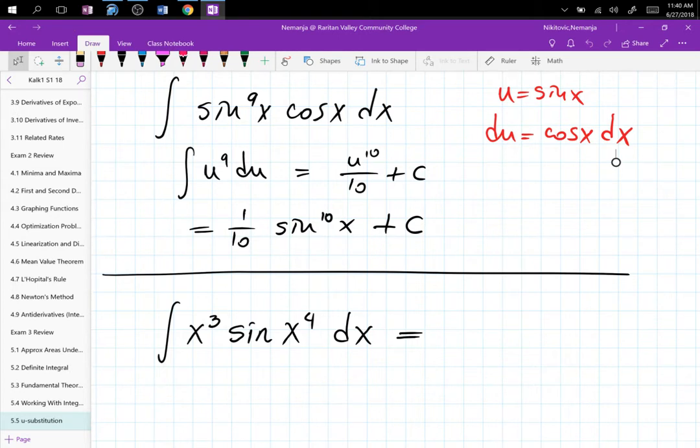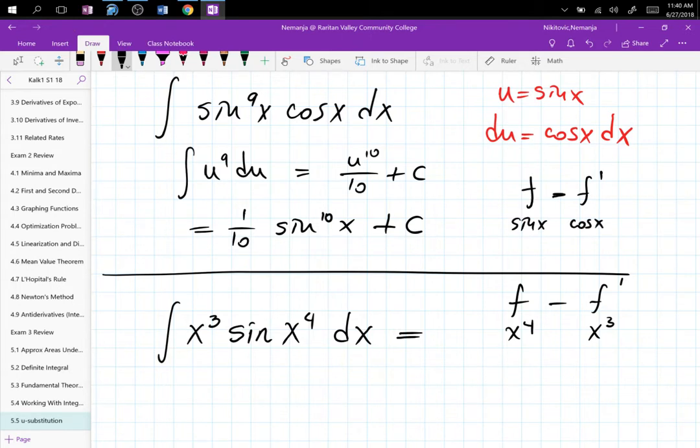So what is the function derivative pair? Here, I'll write function derivative pair. Under function, I'll write x to the 4 because its derivative is x cubed. And that's what I need. Now, if I want to write function derivative pair for the top problem, I'll write sine x, cosine x because they're both present.